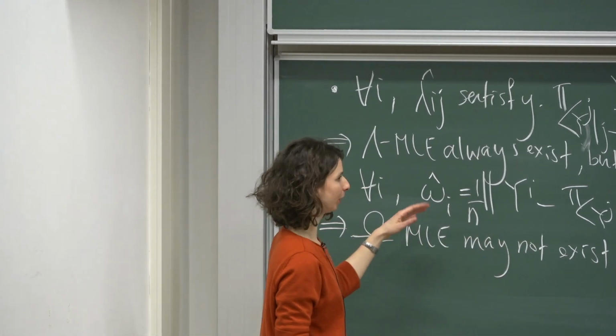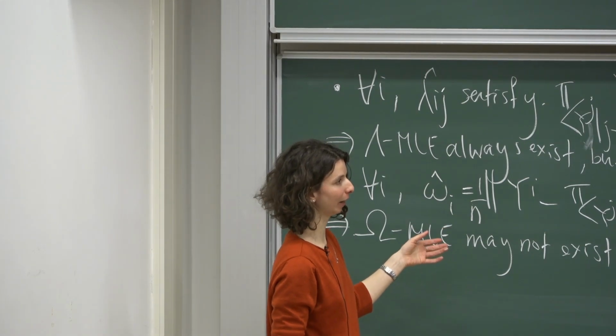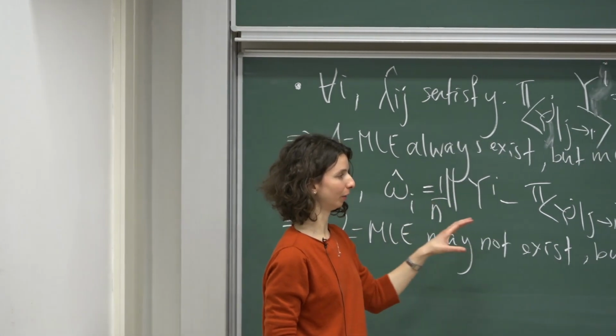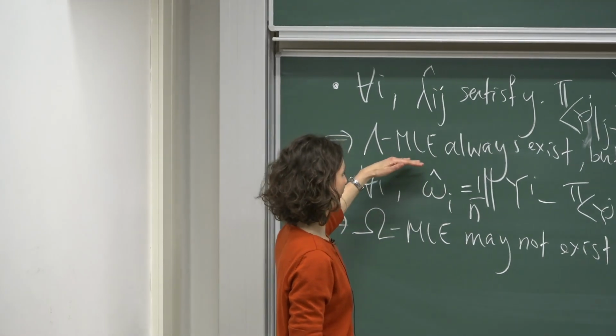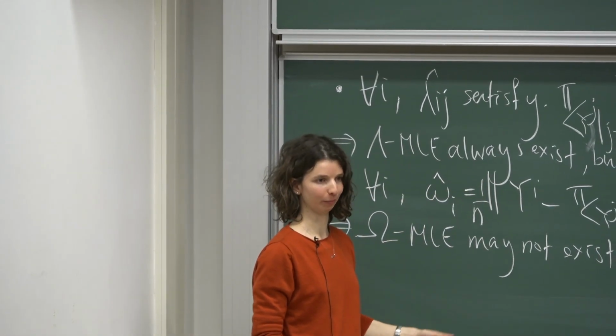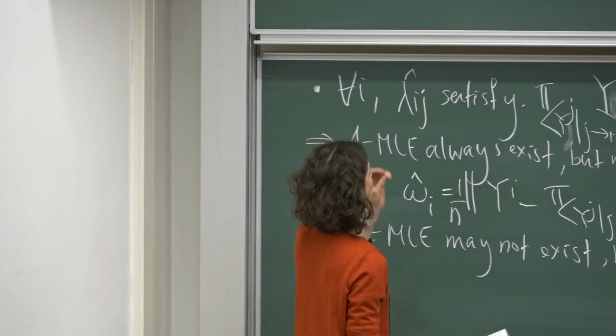So in the rest of the talk, I'll keep saying MLE given y, but where it doesn't exist, just replace that with lambda MLE, and the statement will remain true.